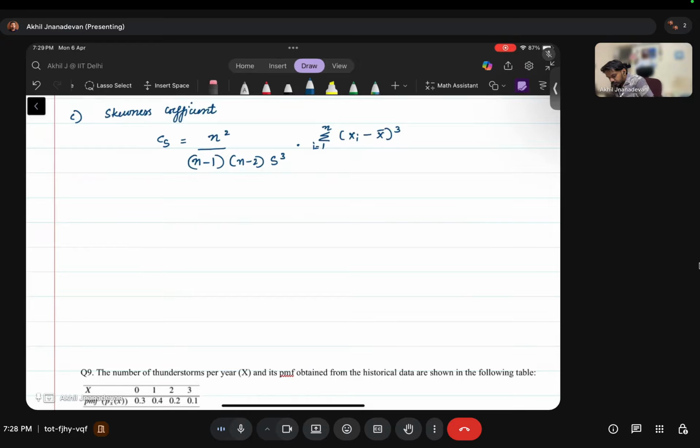So it is n, sorry, it is not 16 square, it is 16 only. n by n minus 1 and n minus 2, that is 16 divided by 15 into 14.